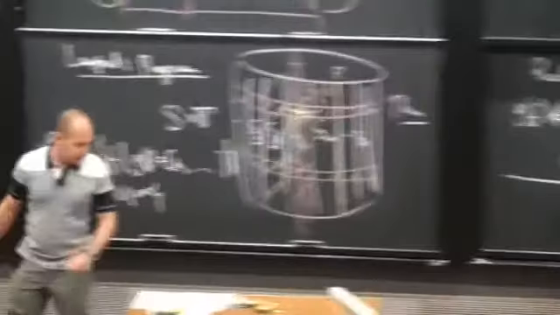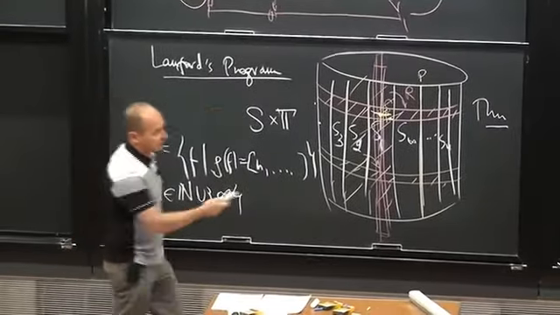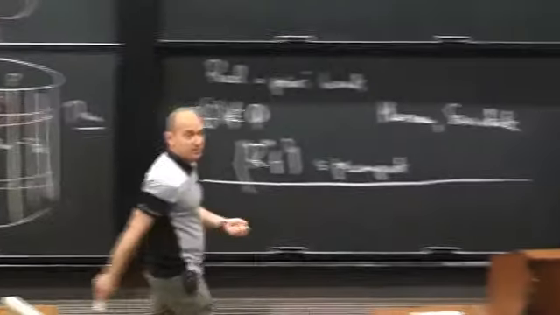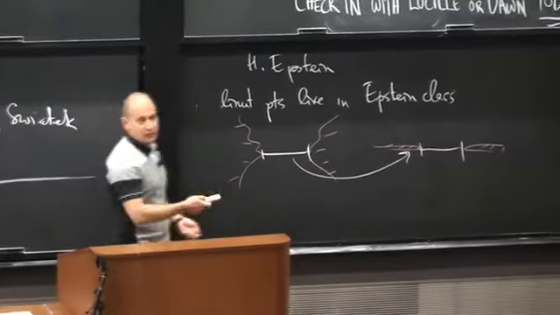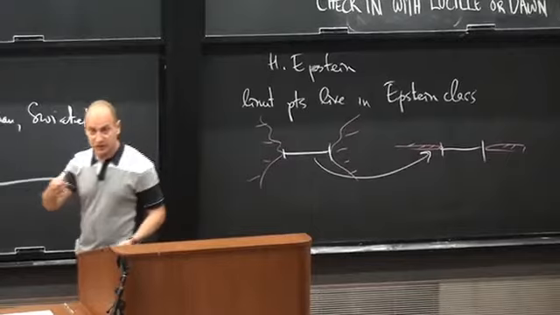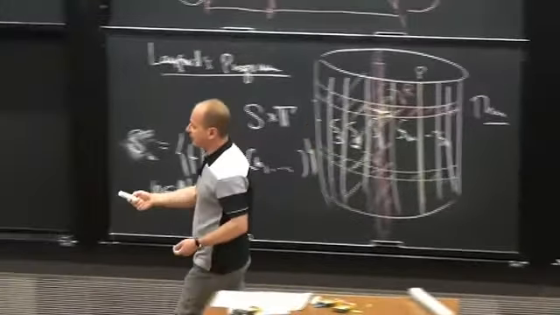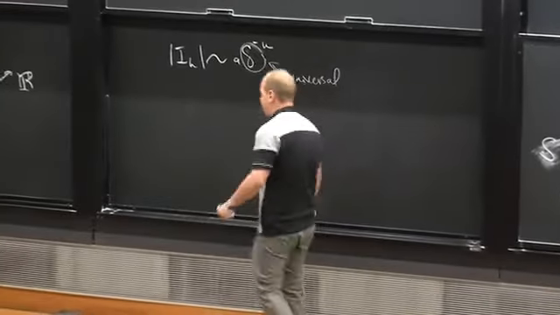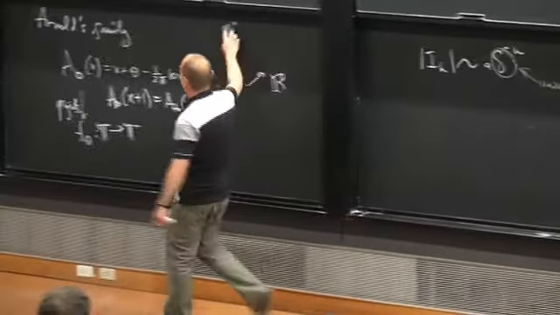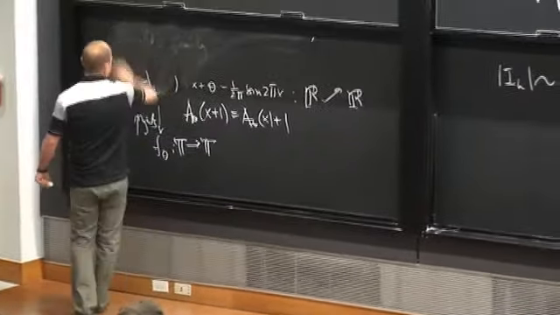Now, the next step, so this is the same as the theory for unimodal maps that Misha is describing in his lectures. But the next step already diverges from unimodal maps.